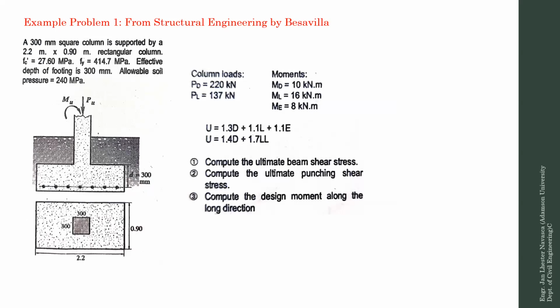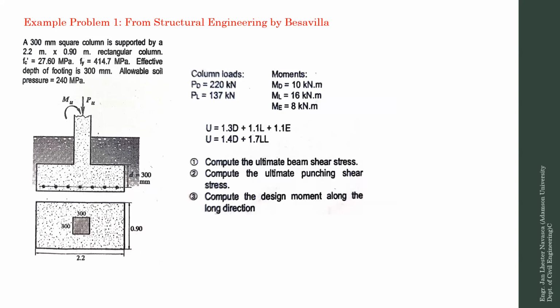F prime c is 27.6 MPa, Fy is 414.7 MPa, and the effective depth of the footing is 300 millimeters. The allowable soil pressure is 240.